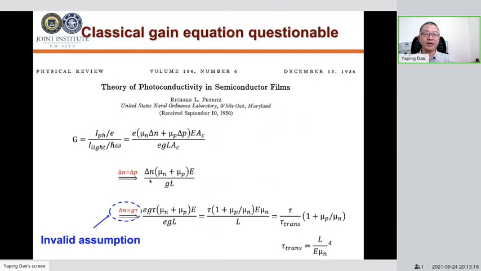So the classical gain equation is questionable. First, the equation delta n equals g times tau is not valid. It is only approximately true when the device is very long, or when we are not applying a very big electric field. Then delta n will approximately equal g times tau in the middle part of the semiconductor.